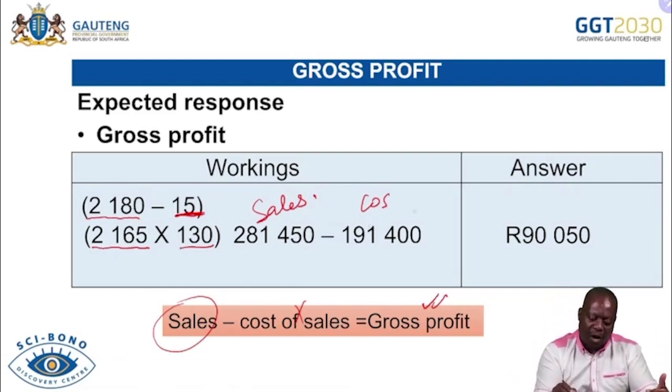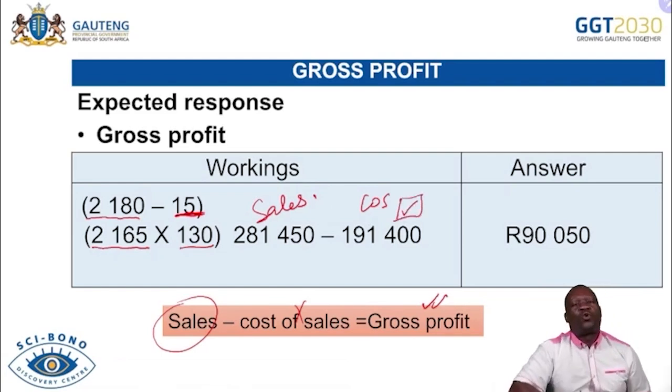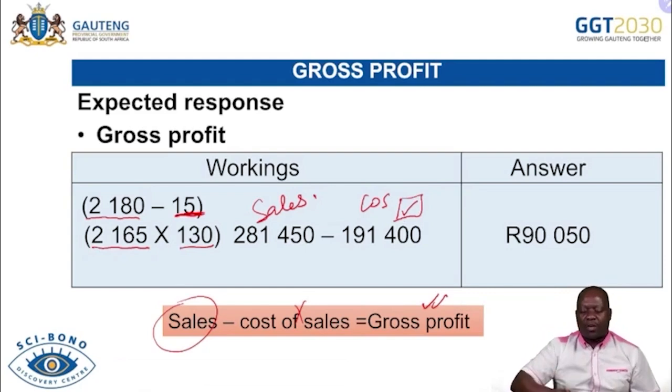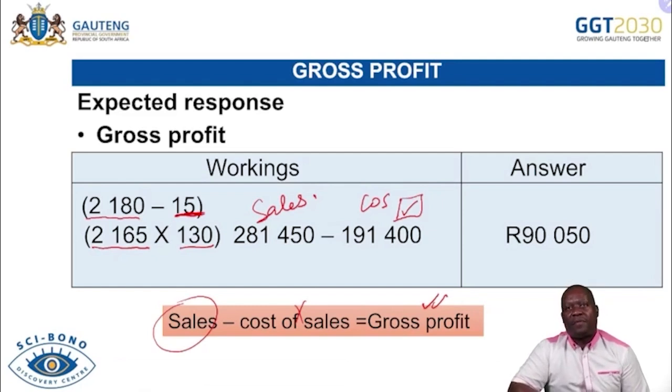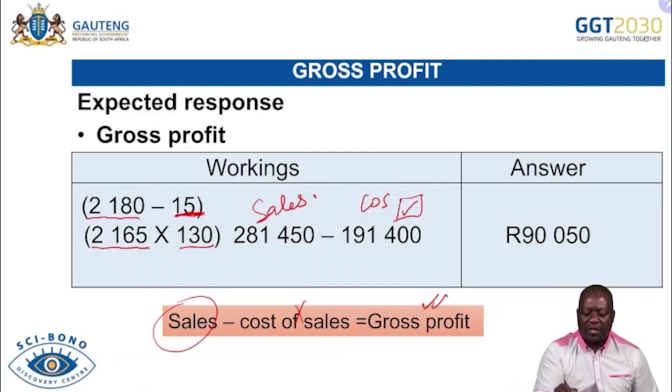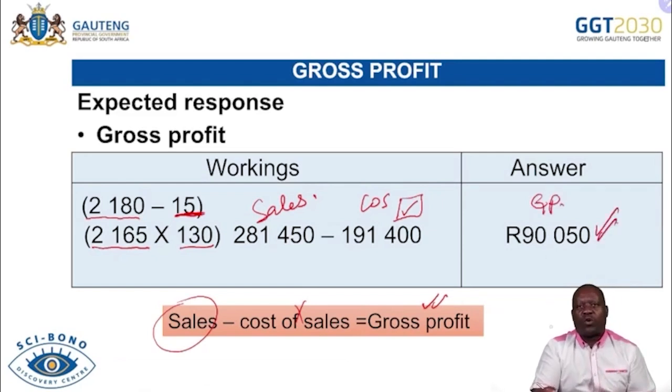Even if it's wrong from the previous question, we are going to award you the mark because you are doing the correct thing. We are worried more about the method than the accuracy. And then sales minus cost of sales gives us our answer, and that is the gross profit. Calculate gross profit. We have managed to do it.